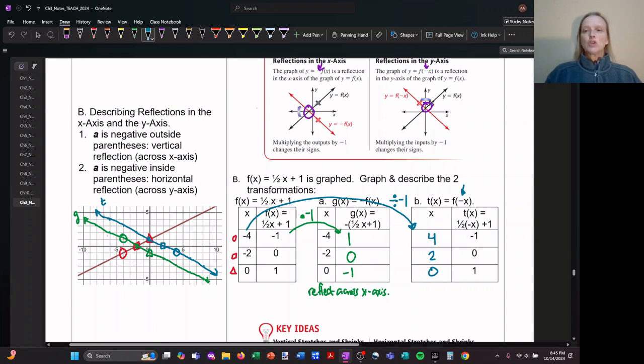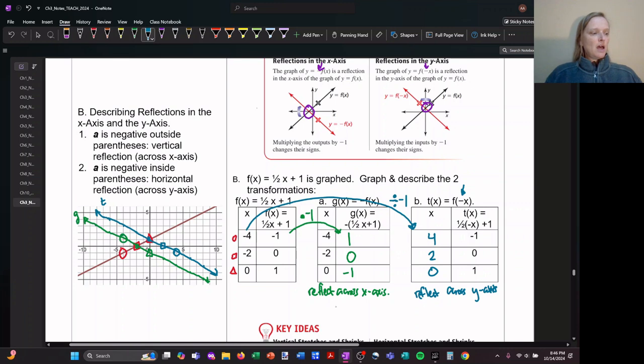Okay. So you can see the slight subtle differences between reflecting across the x-axis and the y-axis. Both of our reflections are parallel to each other, but they reflect at different points. And let me just write that down here, that this is a reflection across the y-axis.